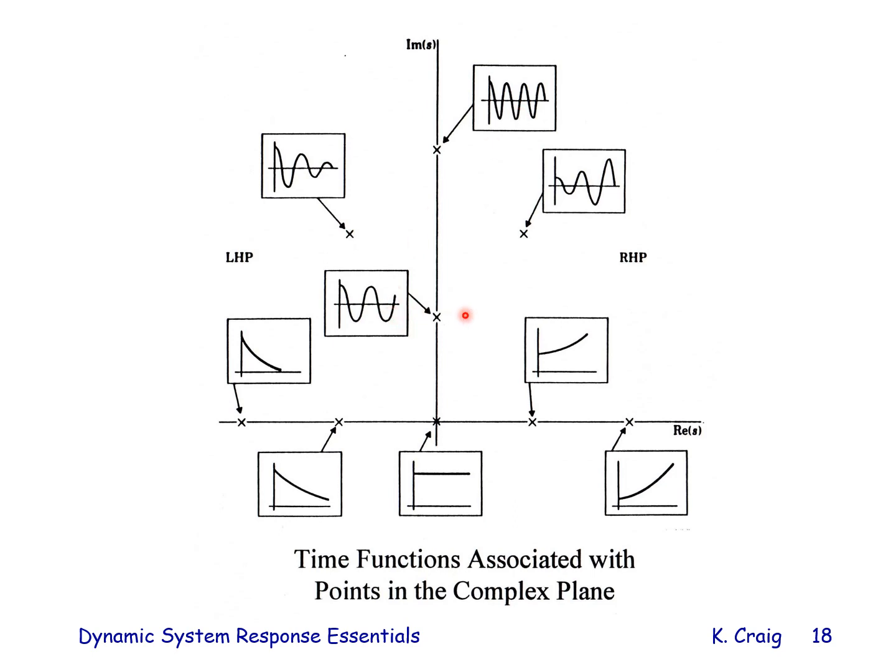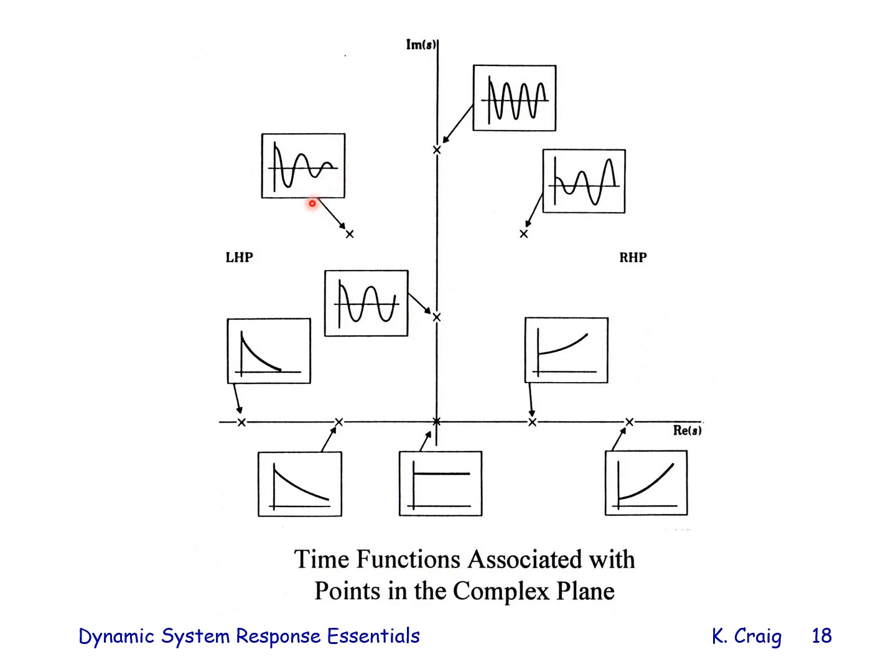And lastly, we have roots in the left half plane and in the right half plane. If the roots are in the right half plane, what you get in response is a sinusoid that grows exponentially. So it's in a growing exponential envelope. And for roots in the left half plane, the roots give a time response that is a decaying exponential.